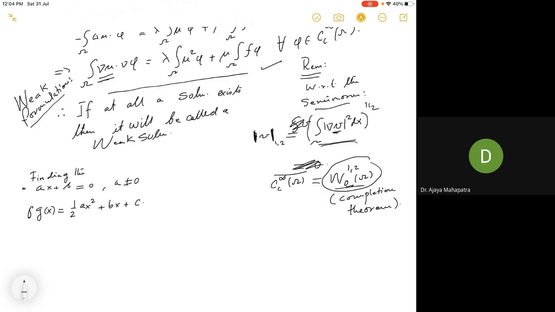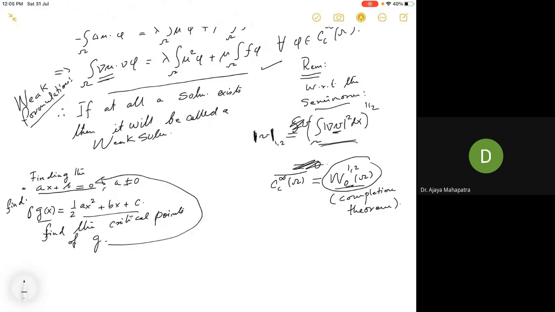This is just one way of doing it. You find a corresponding functional to this equation, and then you try to find the critical points of G. So that will also be a solution to this problem, right? When you differentiate and equate the derivative to 0, and then you look at the critical points, basically it's solving this problem, right?